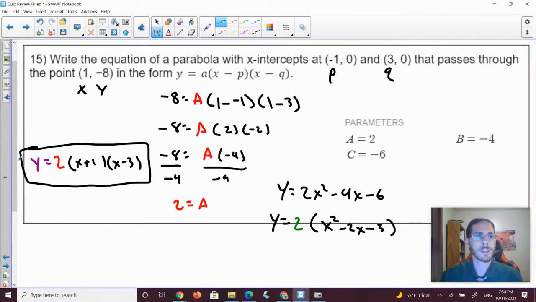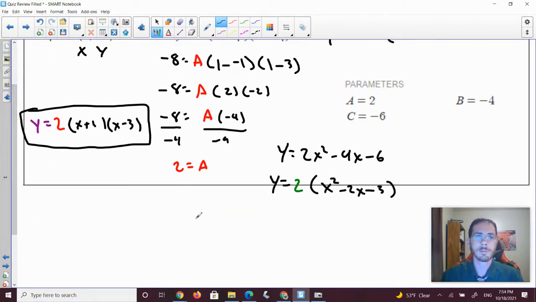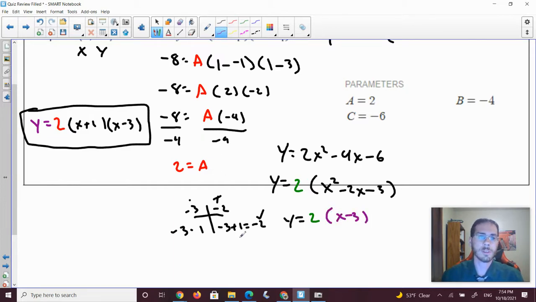And then I have to think of things that multiply to negative 3 and add up to negative 2. Well, that's going to be minus 3 times 1, because negative 3 plus 1 is negative 2. So we get y equals 2, we picked minus 3, and then we picked plus 1.